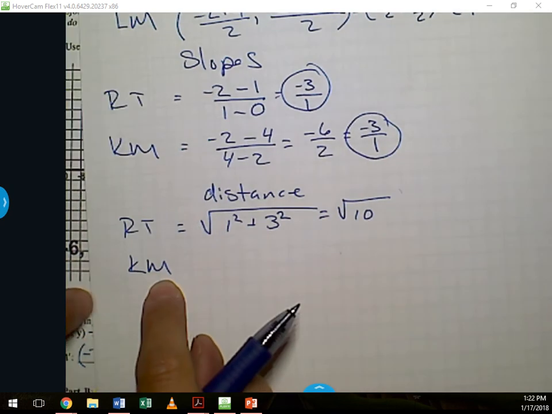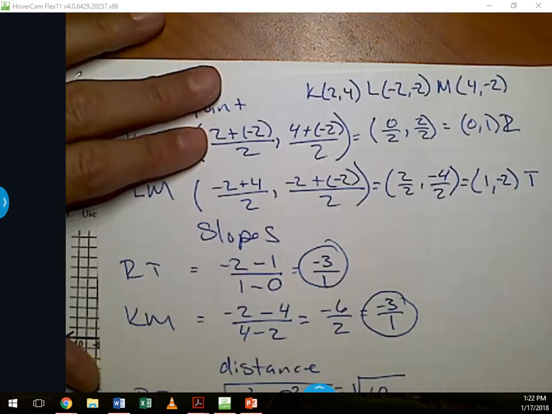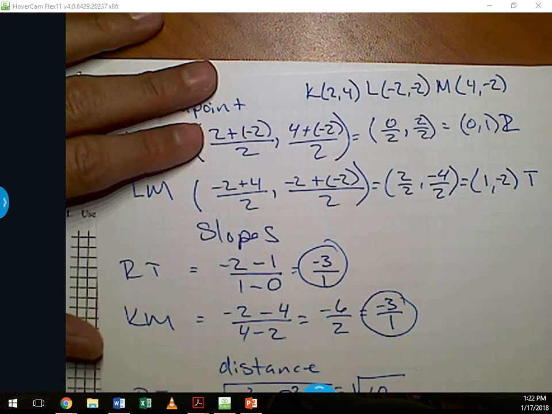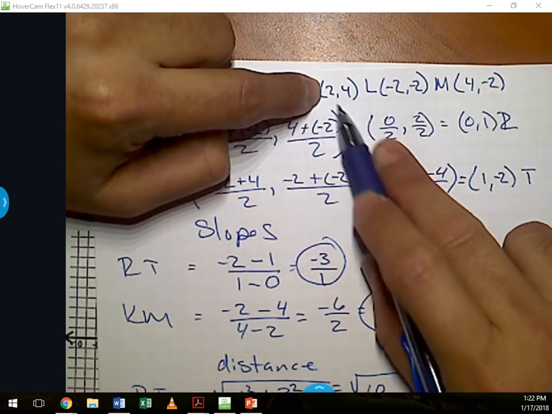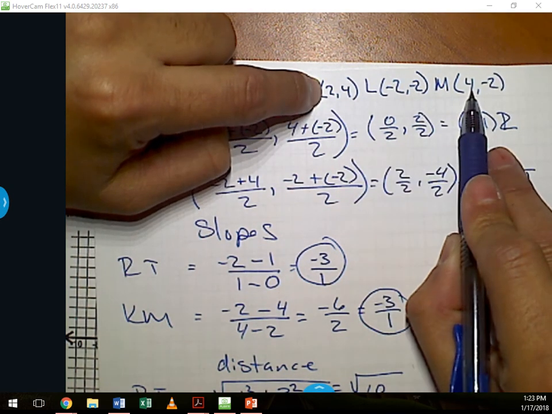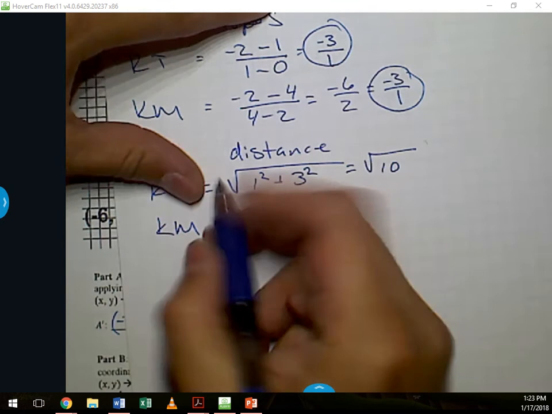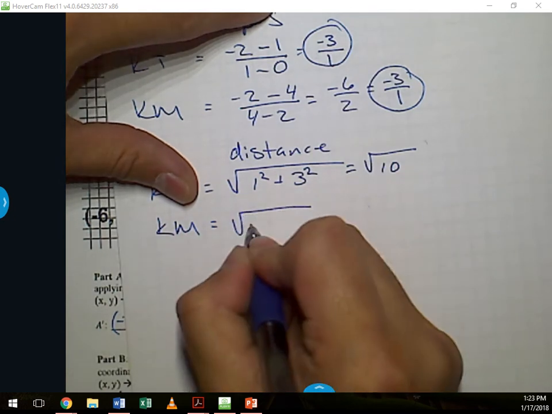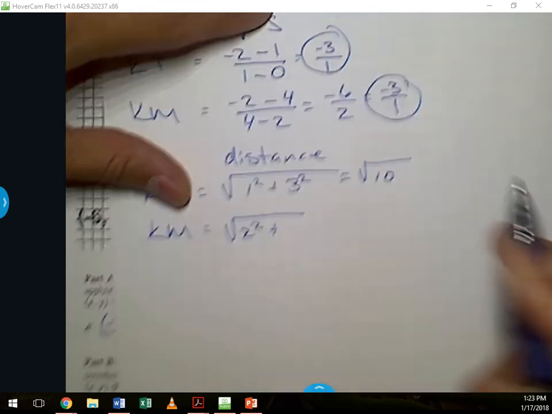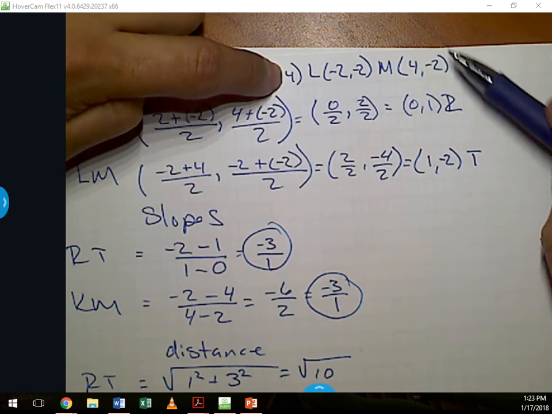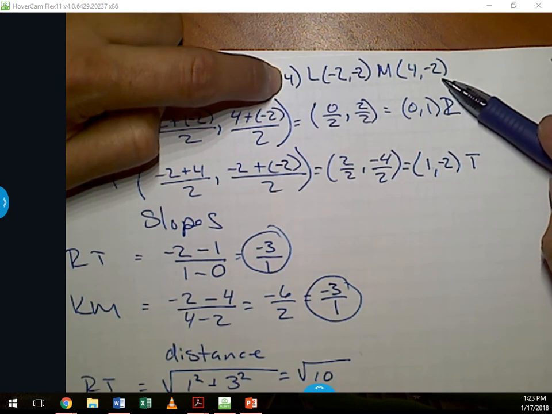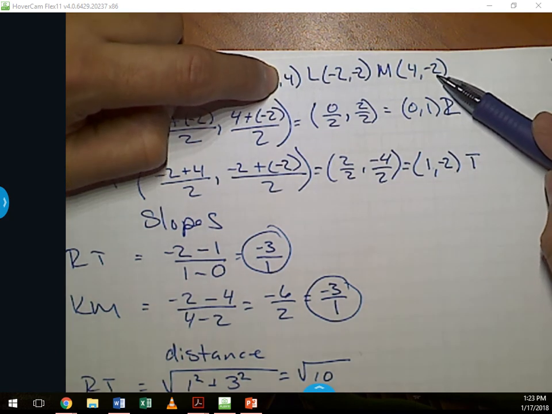All right, so now let's do KM. So KM are the ones up here. So for my X values, how far is 2 away from 4? 2, okay. So it's 2 squared plus. Now for my Y values, my delta Y, how far are my Y's apart? 6, right?